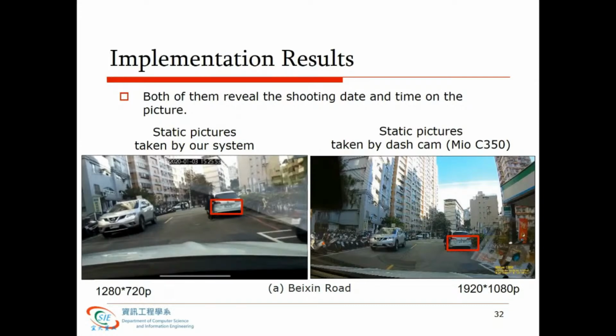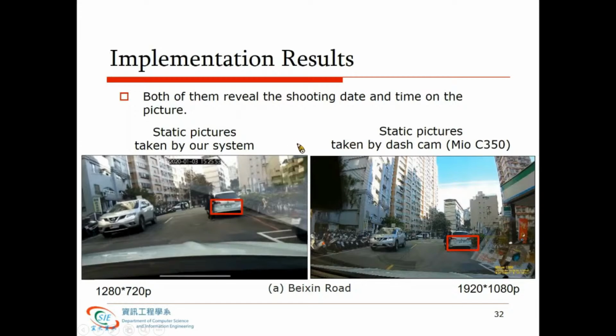Here we show the comparison result of 3 road sessions. The picture on the left is the still image taken by our system, and the picture on the right is the still image of a dash camera.